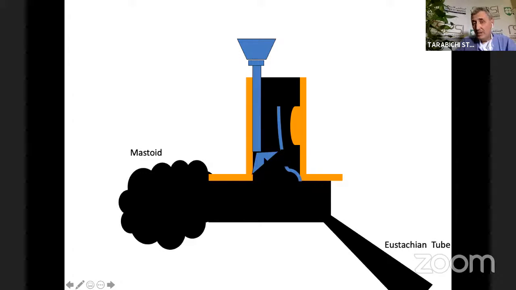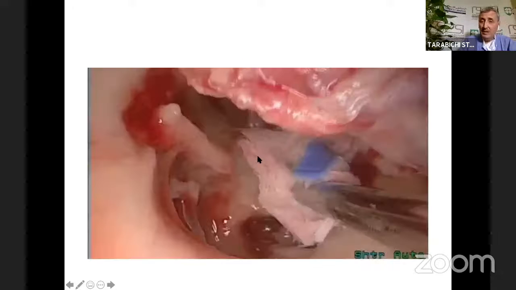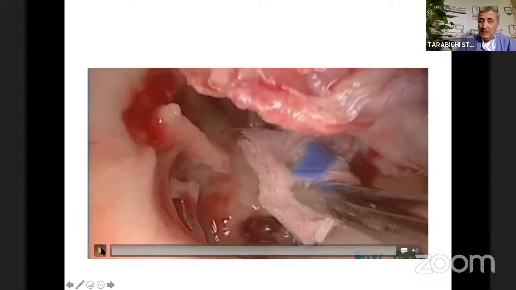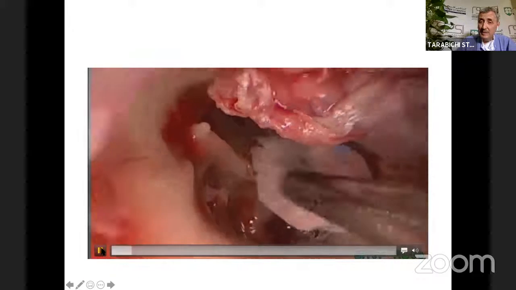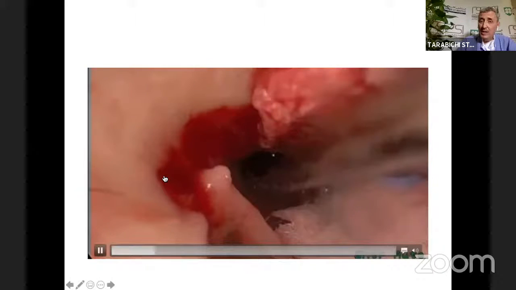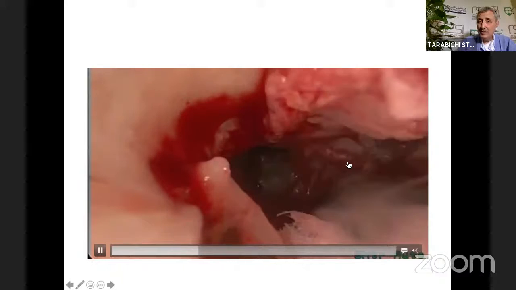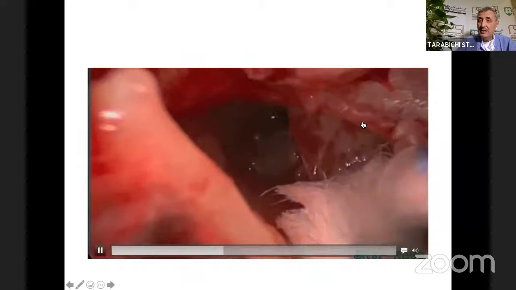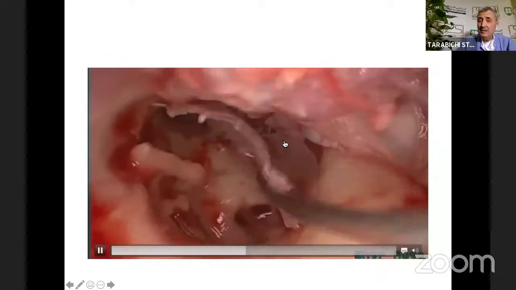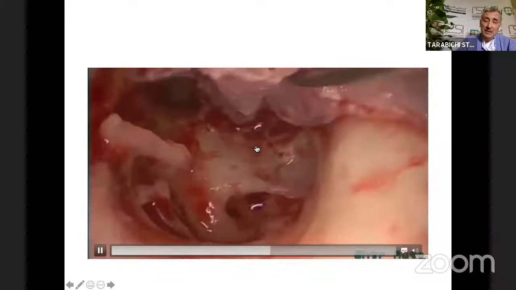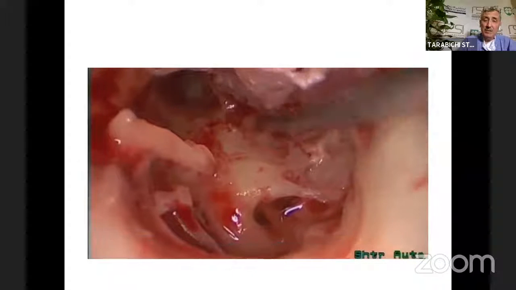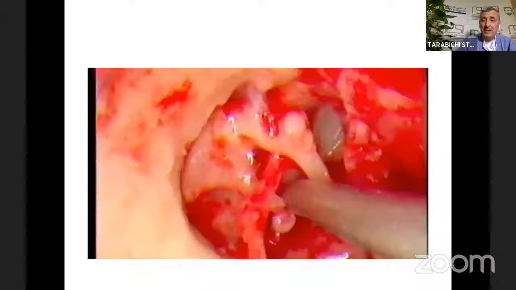So I lift up the flap, layer it against the ear canal, and really see the anterior edge of the perforation, usually with a 30-degree endoscope. In this case, you can see how widely I elevated the tympanomeatal flap, and I'm seeing the anterior edge of the perforation here. So in this situation, I could do a great job making sure that anteriorly I'm fine.